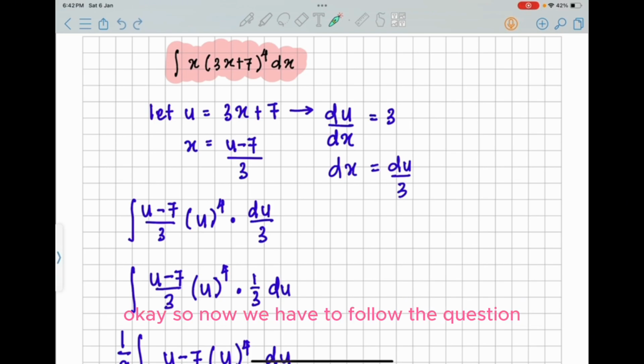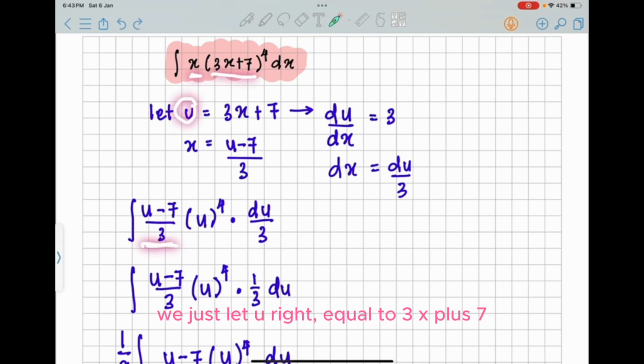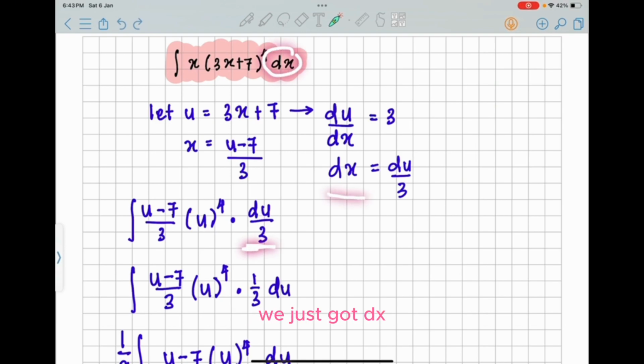Now we have to follow the question. Here is x, right? We just get u minus 7 over 3. So we put it here just like the question, and 3x plus 7 we let be u, so put here u to the power of 4 times du over 3, because dx equals du over 3, right?